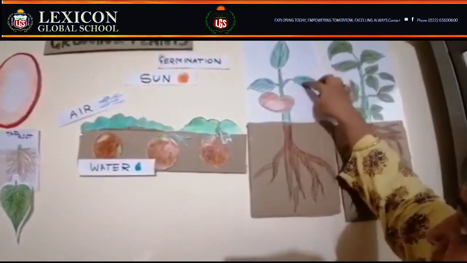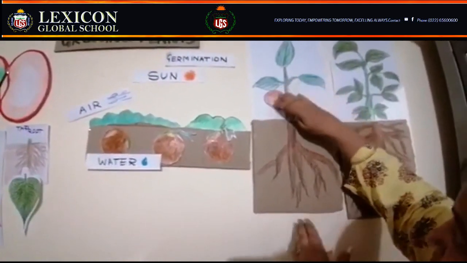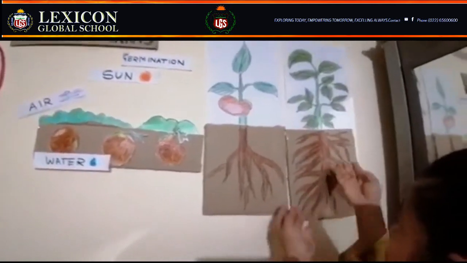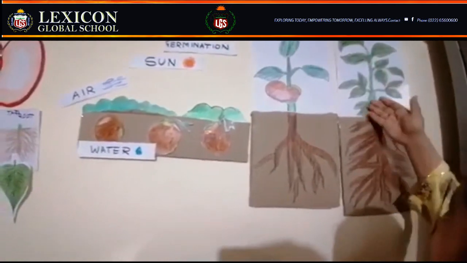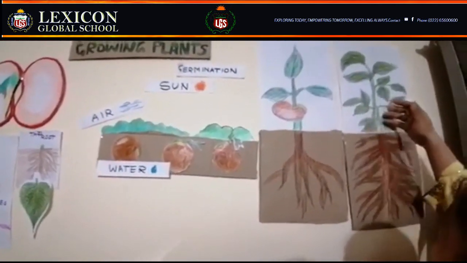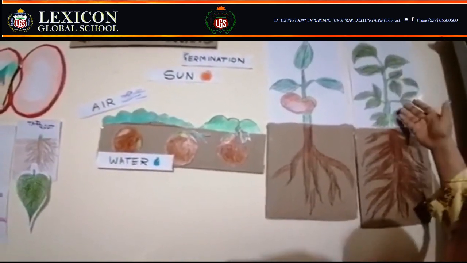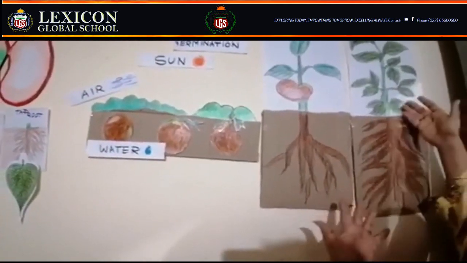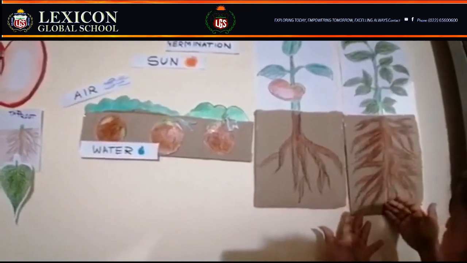When the leaves start making their own food, this cotyledon falls down, and then you can see there are more leaves. You can see when the cotyledon falls, the leaf starts preparing. Now there are more leaves. So the leaves help to make food, and it supplies the food to all parts of the plant.